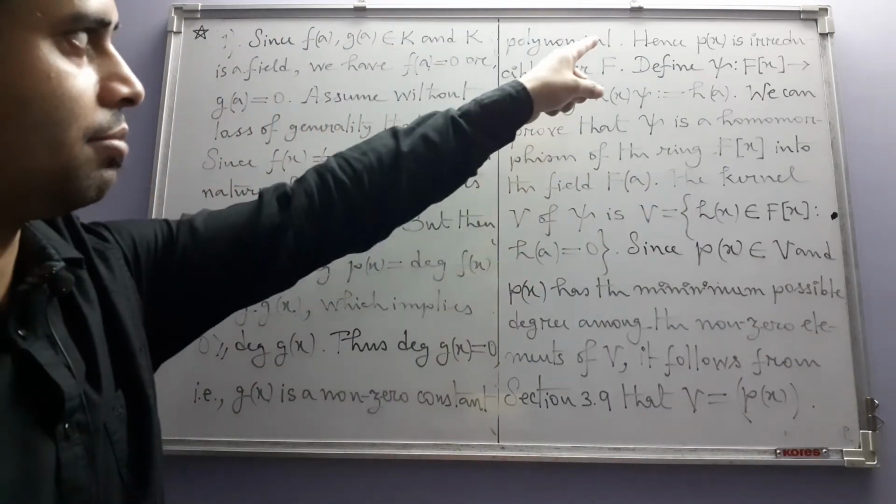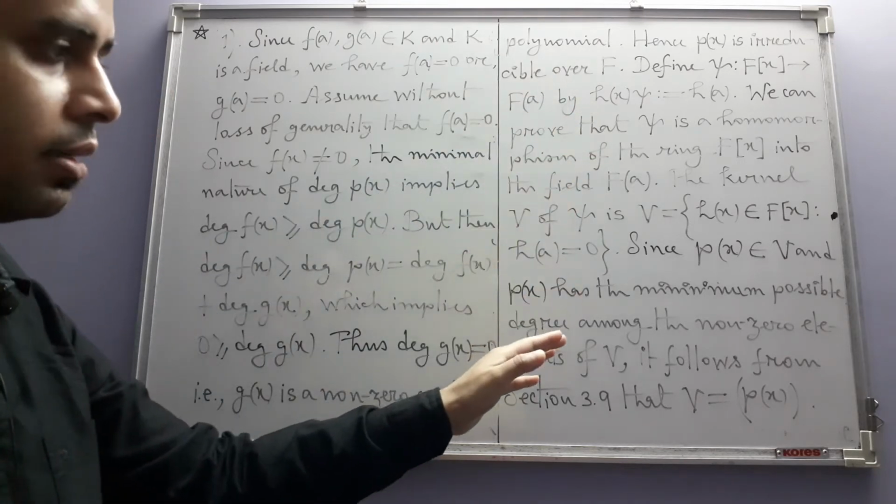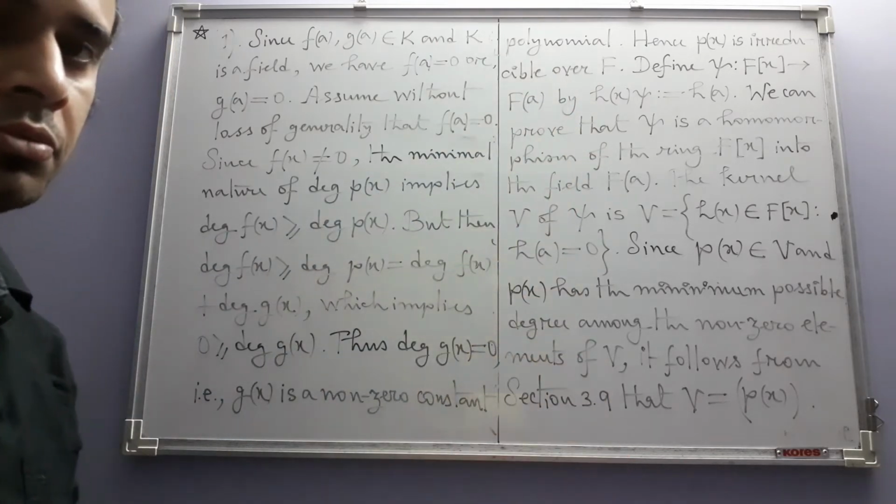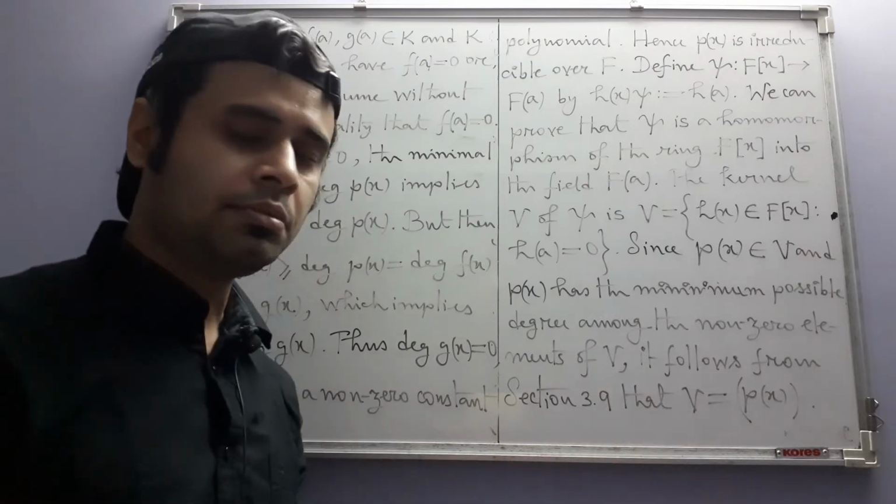Now the fact that p(x) is irreducible over F will tell us something more about V, namely that V is a maximal ideal.